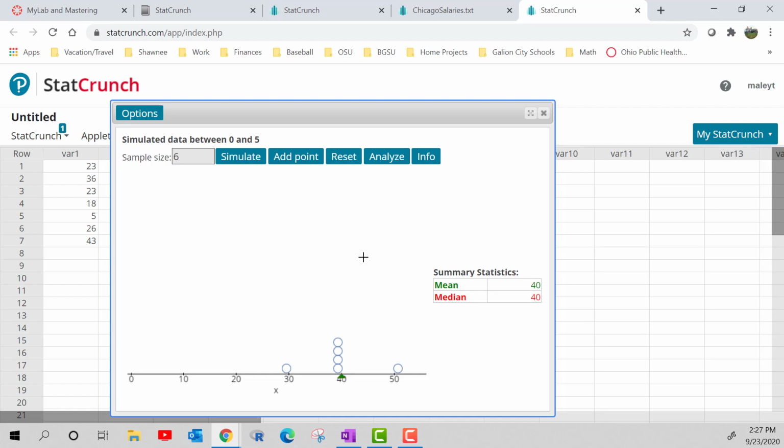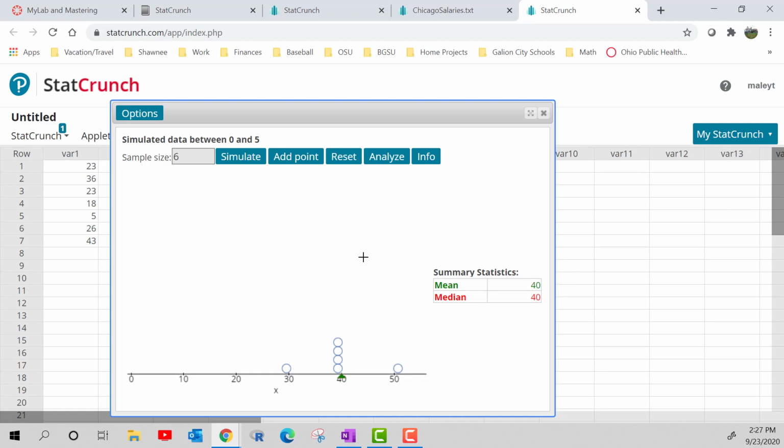And this is exactly where the mean and median are both equal to 40 exactly. So we wanted to get something that was roughly 40, but I was able to get something that's exactly both of those. So that's part A. Or excuse me, that's part B.